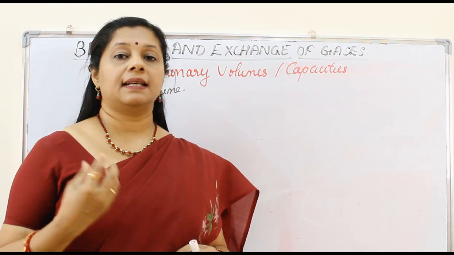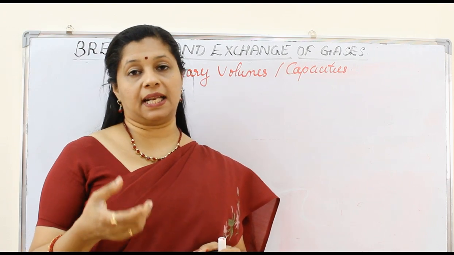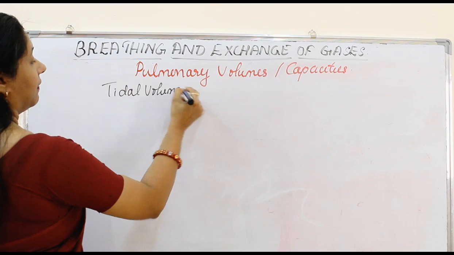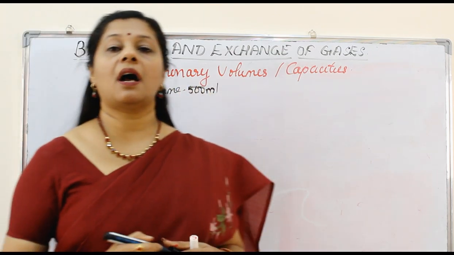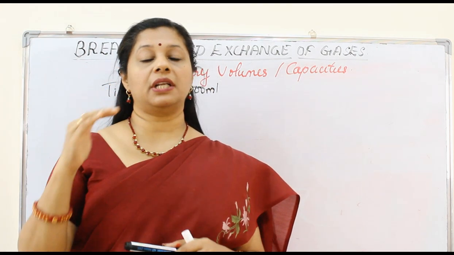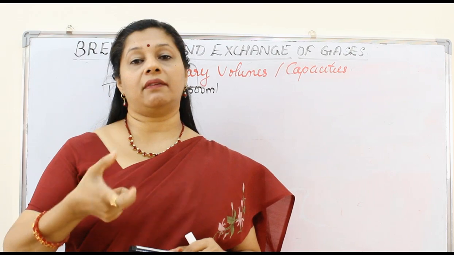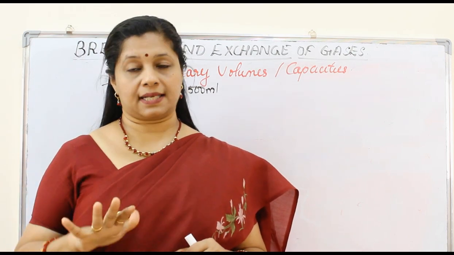So in that case, the amount of air I am inhaling or exhaling is called tidal volume. It is 500 ml. 500 ml means what? Half a liter. You know, your water bottle may usually be 1 liter, and the half liter or small bottles we get. That much air we are inhaling or exhaling during a normal inhalation or exhalation.